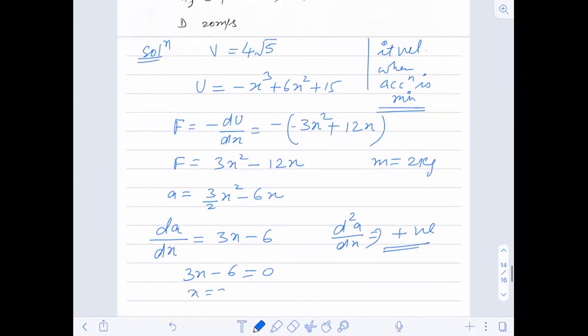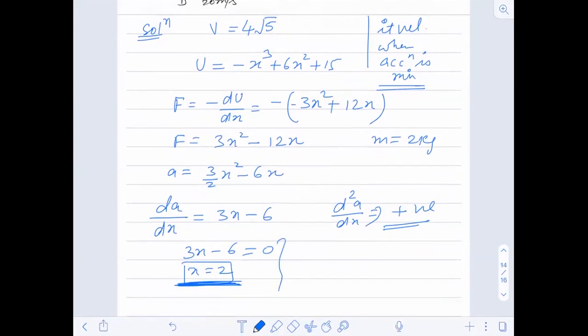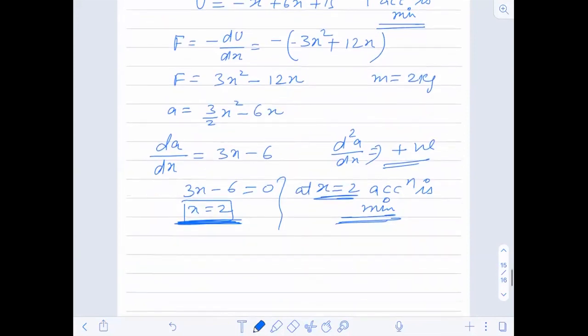So at x equals 2, the acceleration value is minimum. Now we have to calculate velocity from acceleration.